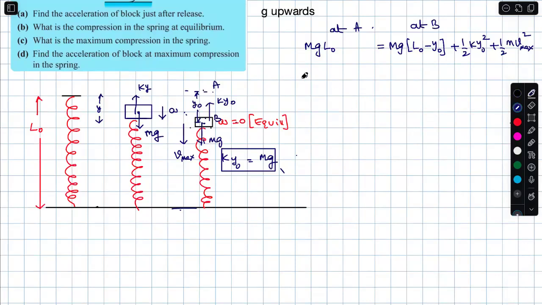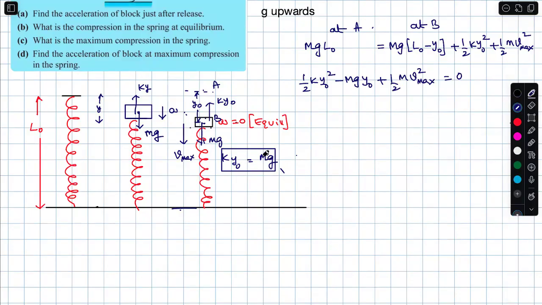So with this, I can write half k y0 square minus mg y0 plus half m v maximum square is equal to 0.